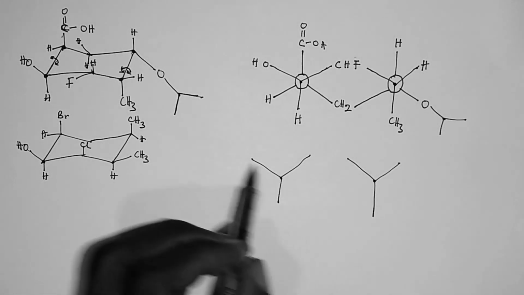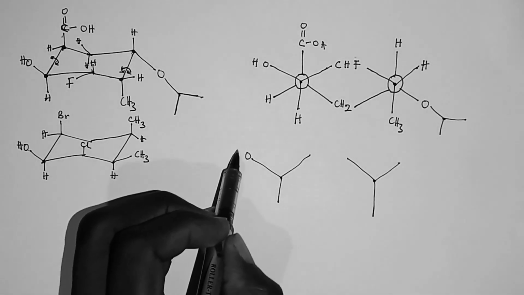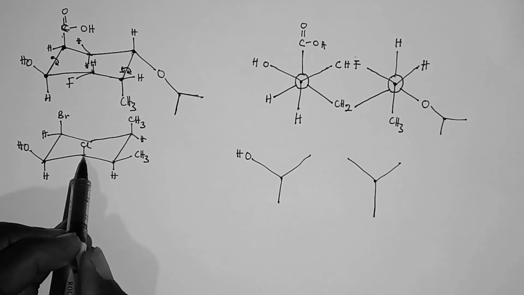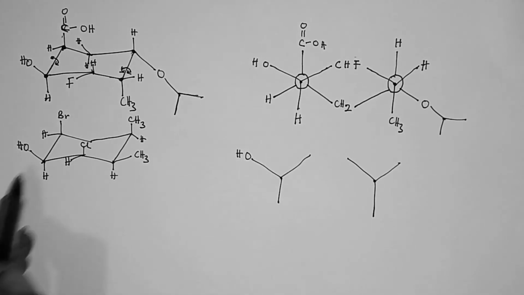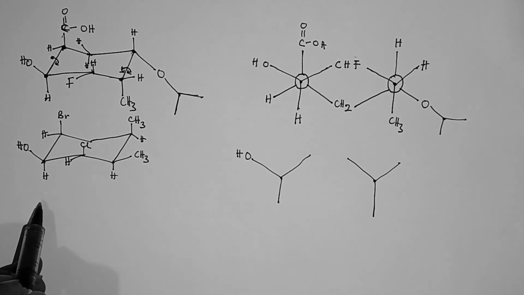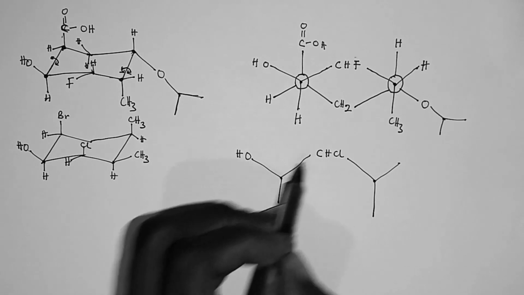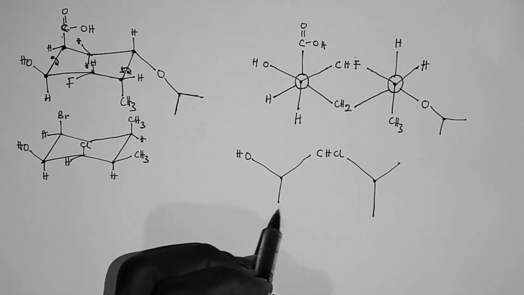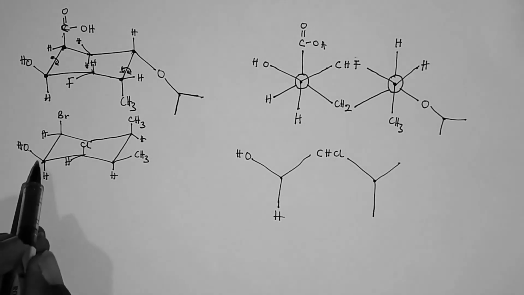So you see that to the left hand side, it is bonded to an OH. So there's an OH here. And then to the right hand side, it is CH2, CHCl, because remember, there is a proton in an equatorial position over here. So here is a CHCl. Then the down part or the bottom is a proton. So we are done with this carbon.